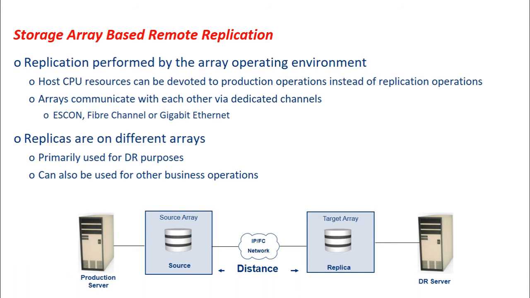Unlike the previous host-based remote replication technology, where a specialized network was not required and we could have used a standard IP network, here we can also use a specialized network for communication between the source storage array and the target storage array. Replication between the storage arrays may be performed in synchronous, asynchronous, or disk buffered mode.